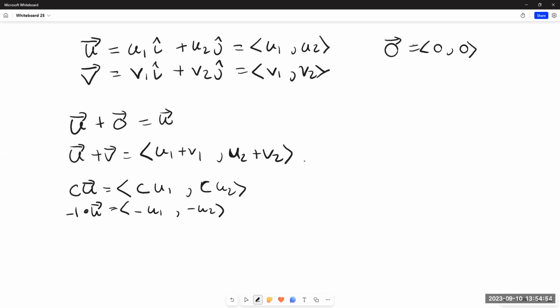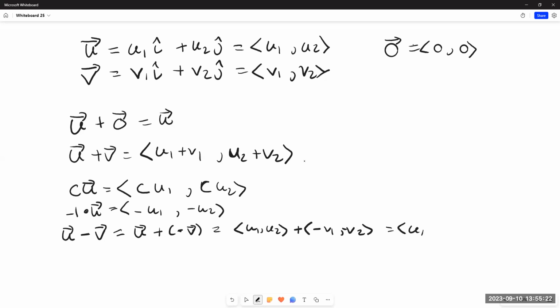So if I want to subtract vectors, just like with scalars, I'm really adding the opposite. So this is going to be u1, u2 plus a -v1, -v2, which is equal to u1 minus v1 and u2 minus v2.